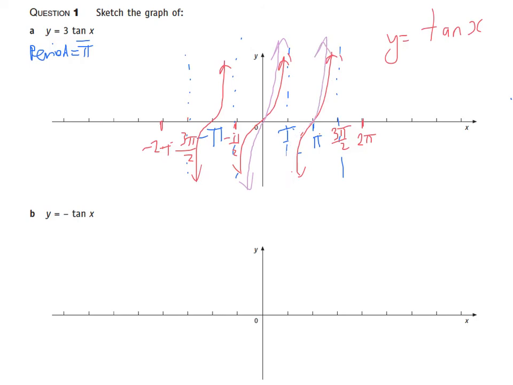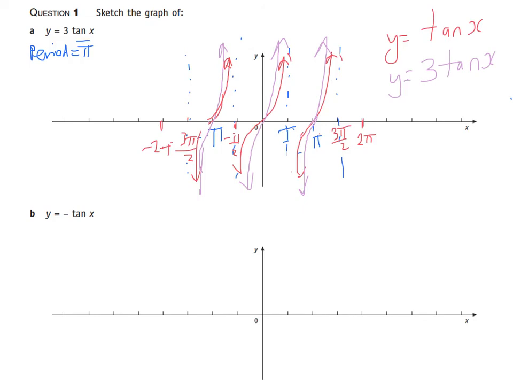This is supposed to be getting steeper down this way. And you can see I missed that x-intercept there. Not very good. There, so it's steeper. Okay, so purple is y equals 3 tan x. That's okay if you need to draw those intermediary graphs in between. Colours help, and obviously labels.